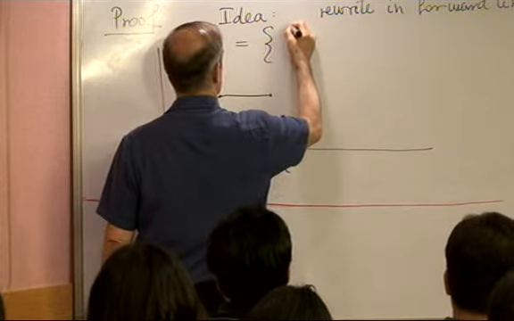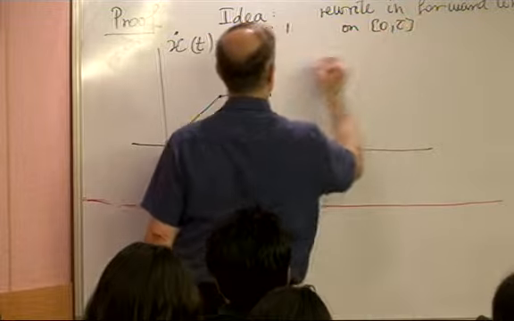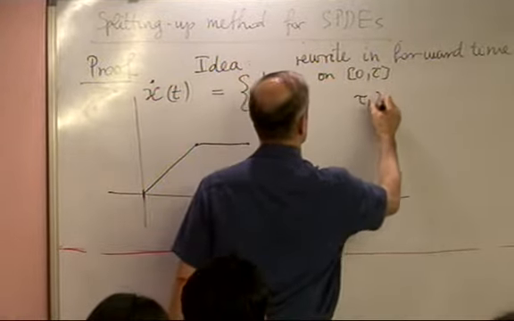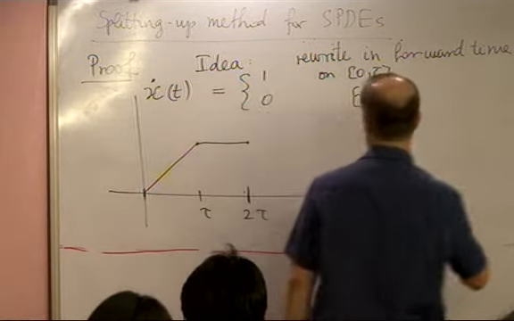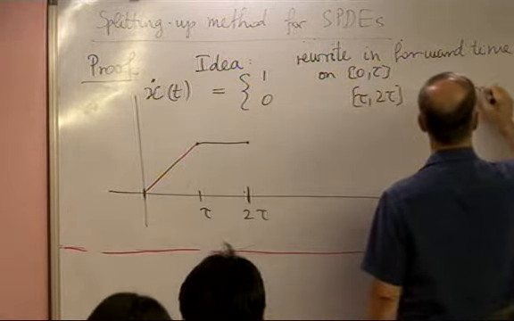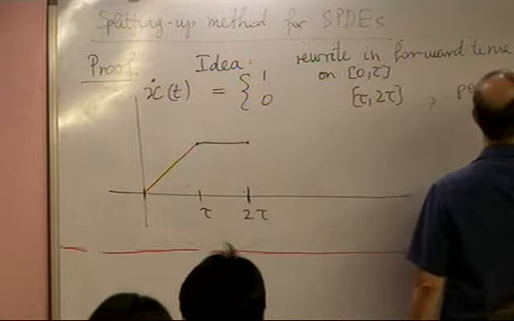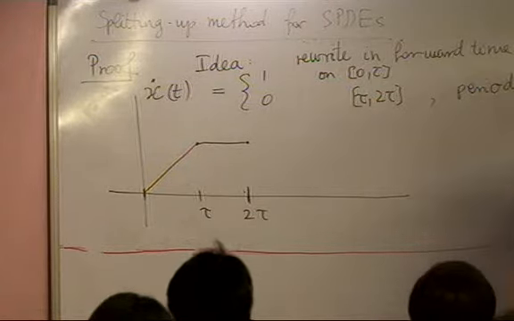On 0 to tau it is 1, and then on tau to 2 tau it is 0, and periodic with period 2 tau.